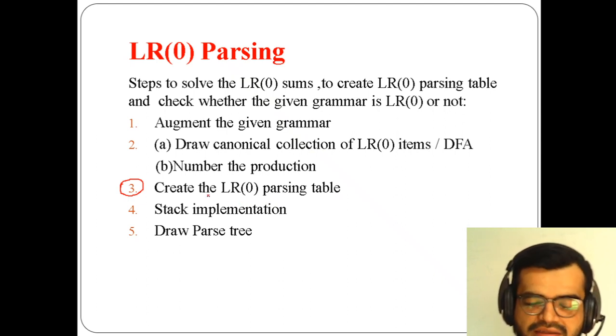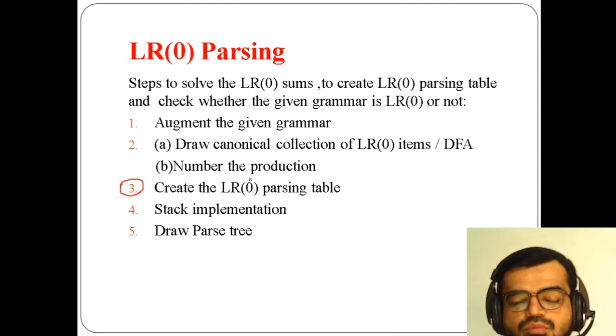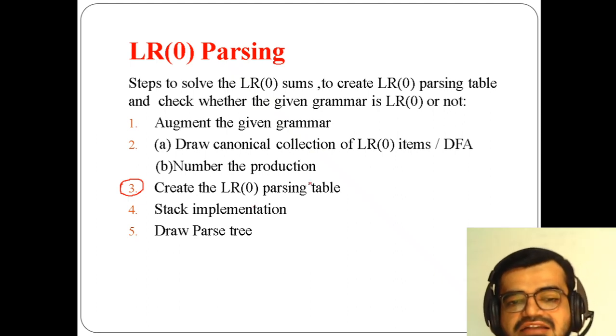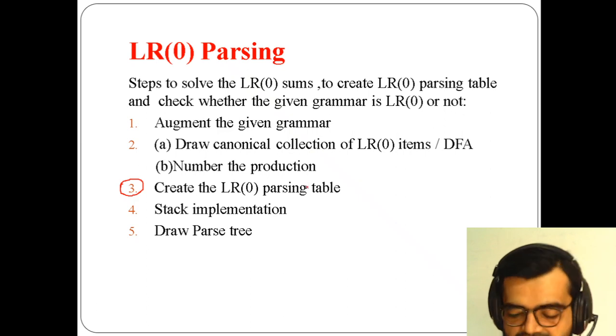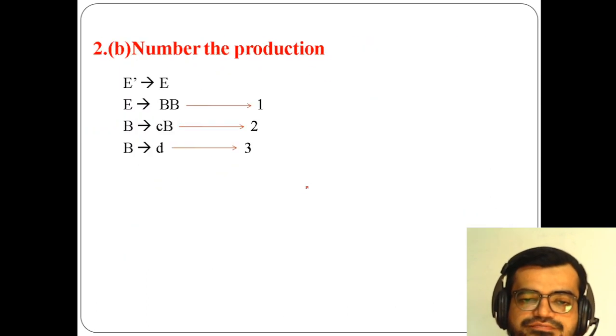What happens in the third step is, as you know, in LR of 0 more number of states are there, but in the SLR of 1 parsing table it doesn't have that many states. The states can get reduced. Because of that there is a reduced chance of having conflicts.